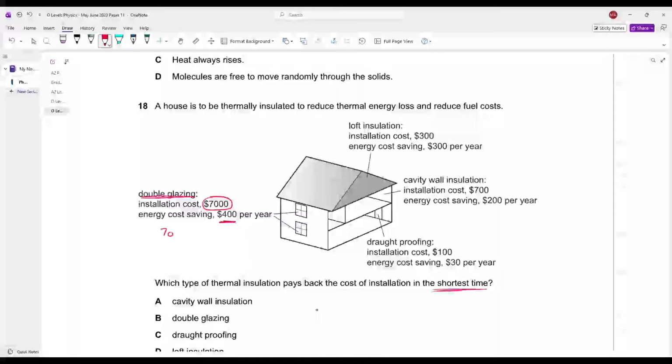So how many years will it take to achieve the entire cost back? 7,000 divided by 400, that is 17.5 years.